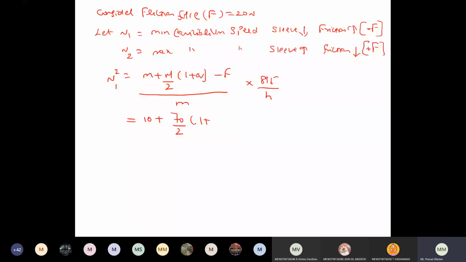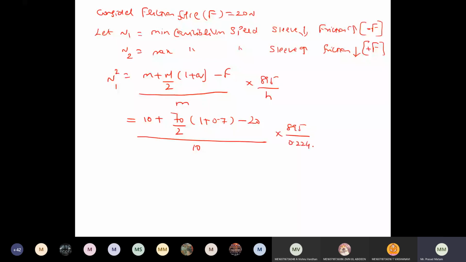Q, how much are we getting? 0.7. 1 plus 0.7, minus of here, 895 by.